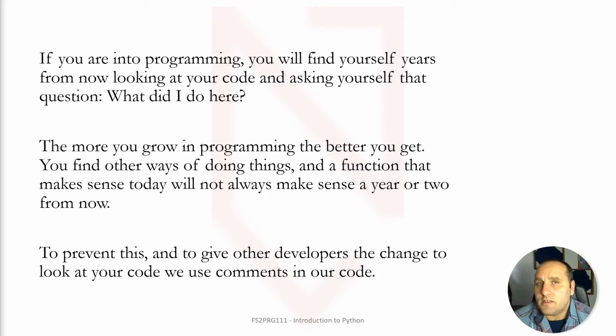This allows other developers to read our code and understand what we did if there's a complex function or a complex section in our code that could be confusing. Comments are also useful for you as a developer, where you wrote code a couple of years ago and want to review it in the future to understand why you did something and how you did it based on that time that you wrote the code.